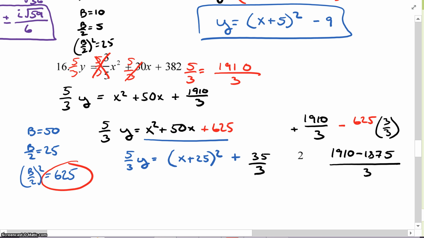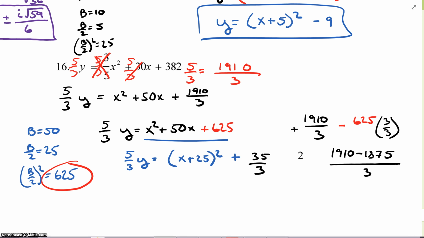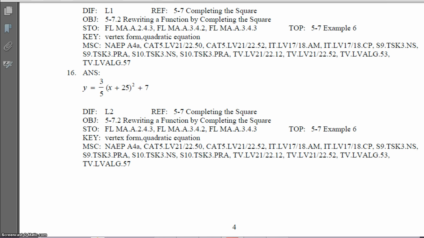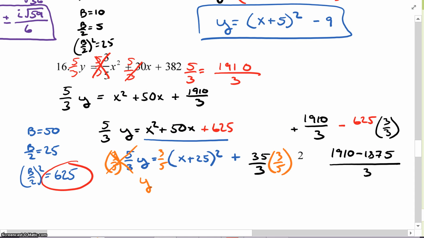Okay, but I'm not done yet. I got to multiply everything by that reciprocal of y, which happens to be 3/5. So I multiply every term by 3/5. Alright, so on the left side they cancel, so I just get y equals 3 over 5 x plus 25 squared.